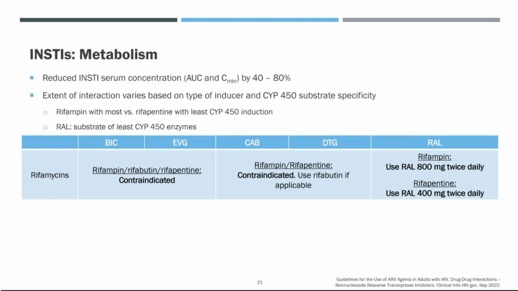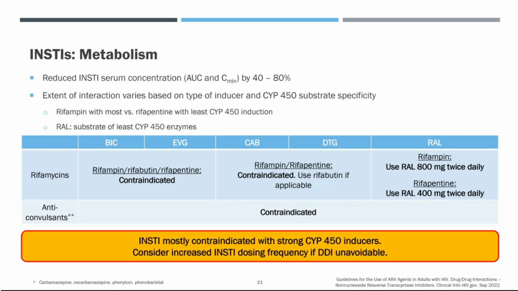For patients taking rifapentine, you can still use raltegravir as long as you increase their dose to 400 mg BID dosing. Again, rifamycin is not the only significant inducer. We also have anticonvulsants. Unfortunately, due to their potent induction, anticonvulsants are not recommended to be used with any type of INSTIs.